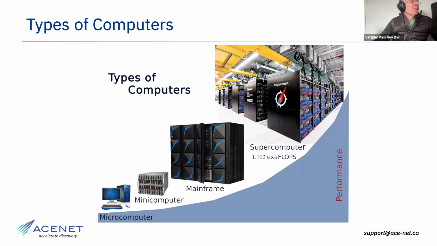Then mainframes. They're a type of computers that generally are known for their large size, large amount of storage and processing power. And what's important is a high level of reliability. Mainframes first appeared in the early 40s, and companies and governments use mainframes as central computers to carry out their operations.